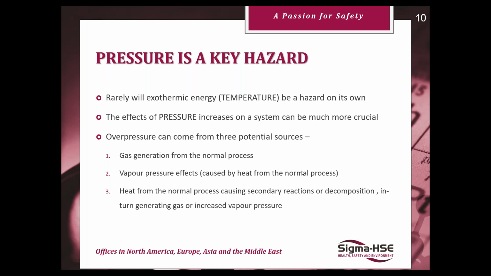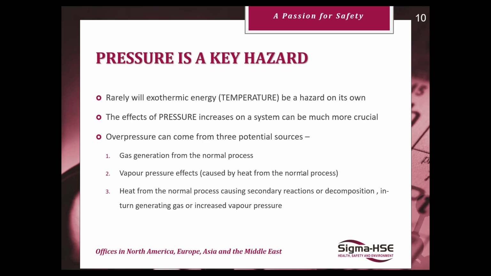Overpressure can come from three potential sources. The first one is that we can have gas generation from the normal process. So we can have a byproduct or a product of a desired reaction which is actually a gas, and if it is contained, that's going to give us a pressure increase. Number two is vapor pressure effects.